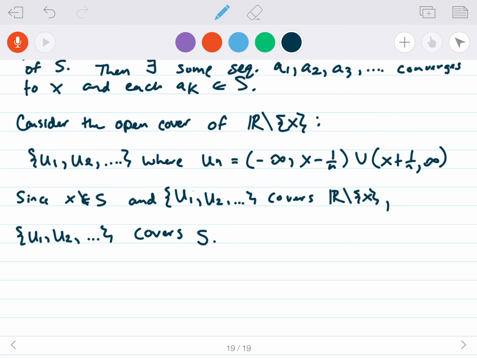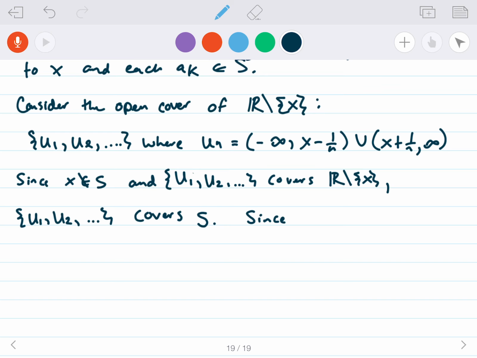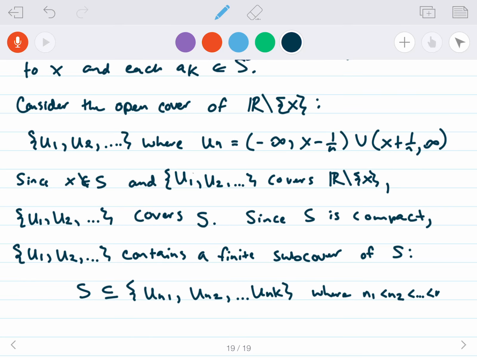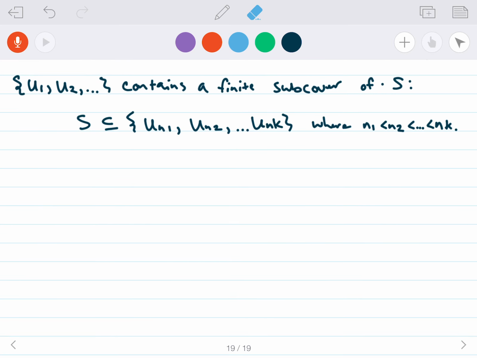Since S is compact, this open cover has a finite subcover that covers S. Let's again do the indexing with n1 through nk, say U_n1, U_n2, up to U_nk, where n1 < n2 < ... < nk.